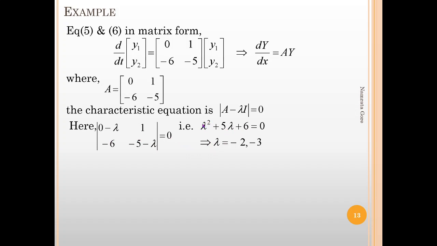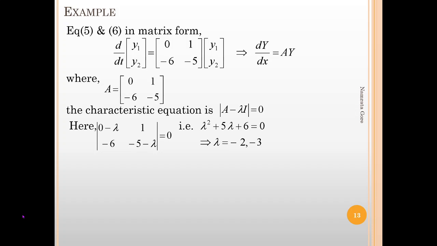This is the second derivative, or d square x by dt square, this is dx by dt, and here there is no derivative, so we get lambda square, lambda to the power 1 and lambda to the power 0, with the coefficients remaining the same. So lambda square plus 5 lambda plus 6 is the characteristic equation. You can check this particular concept with other examples also.